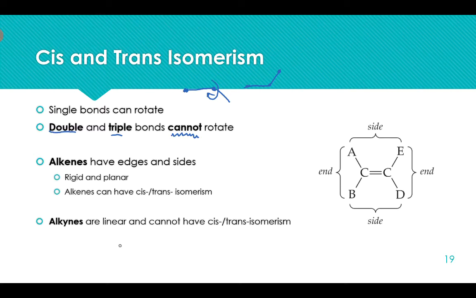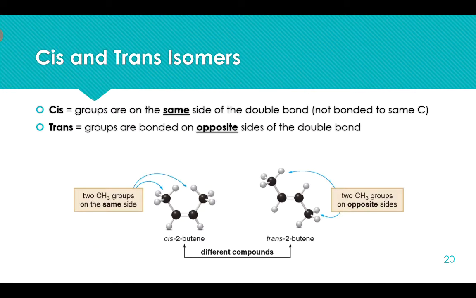Alkynes are linear, and so they do not have this cis and trans isomerization possible because there's only one group on each carbon. For cis and trans isomers, we need these groups on there. Cis isomers means that those groups are on the same side of the double bond.